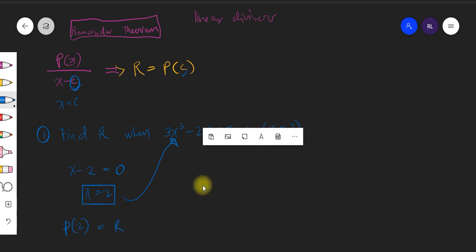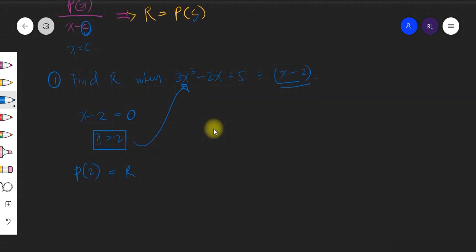So p of 2 becomes 3x cubed minus 2x plus 5, replacing all x with positive 2. So we have 3 times 8, which is 24, minus 4 plus 5.